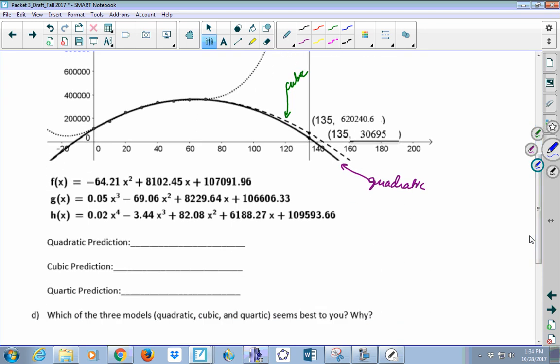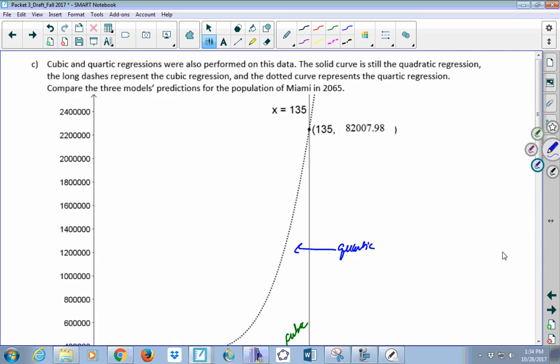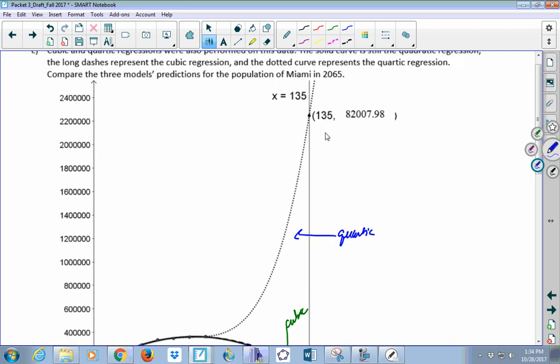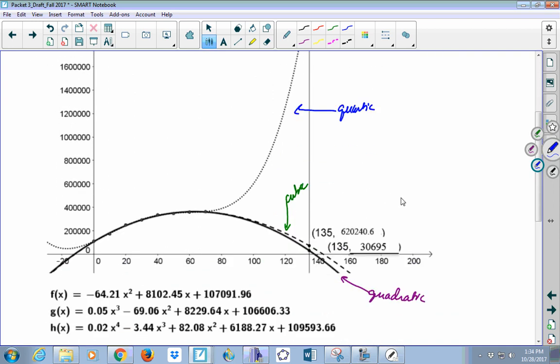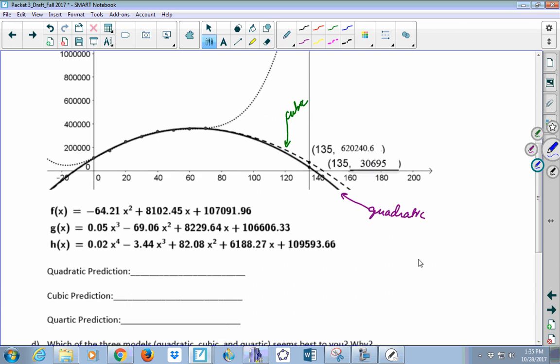What would be the prediction for each model to find the population in the year 2065 for Miami? 2065 has an X value of 135. And here are the three predictions according to the models. In 2065, with the quadratic model, you have 30,695 people.